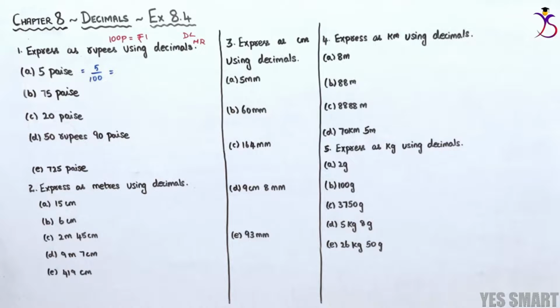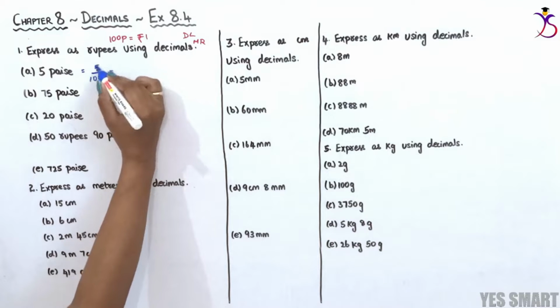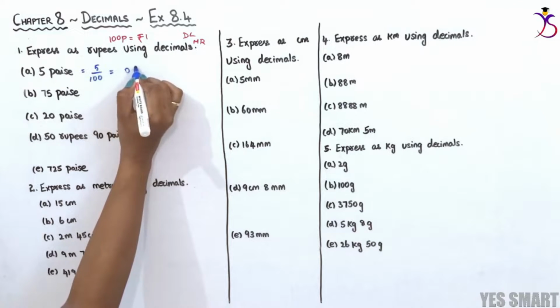5 by 100. Since we don't see any explicit decimal point, it means that the decimal point is at the end of the whole number 5. That is, the decimal point is here. Since we are supposed to move 2 decimal places to the left, from here we have to move 2 places to the left, that is 1, 2, and the point will be here.